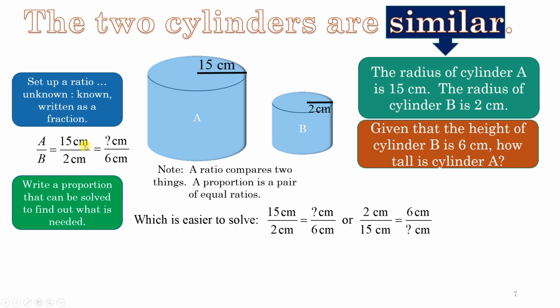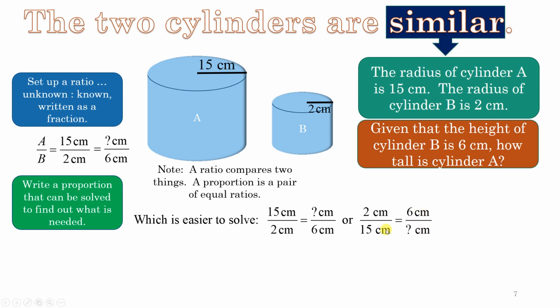Now let's talk about why you want your unknown on top, because that's going to be one of your best friends in this kind of problem. If you set your unknown on top in the numerator, this is super easy to solve. All you've got to do is multiply both sides by 6, reduce, and you're done. But here, there are some shortcuts and tricks, but they're not really math.